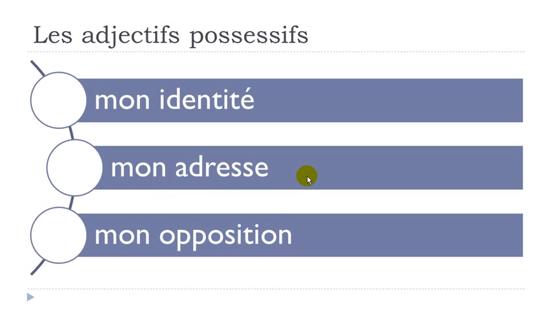And the last one I took, same thing, opposition, feminine, but it starts with the o, mon opposition. You make this link, mon opposition. So let's repeat it one more time. Mon identité, mon adresse, mon opposition.